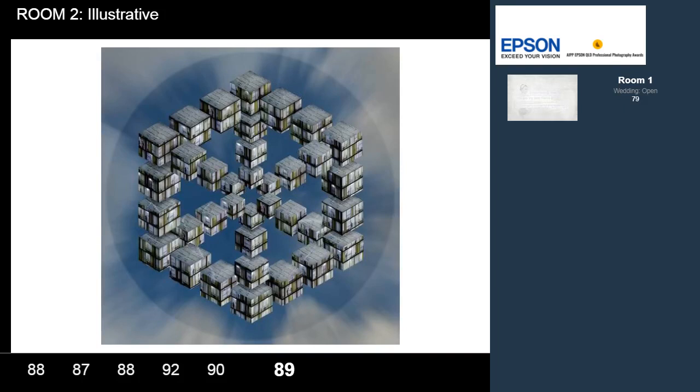So people have been compartmentalized into a box, and the fact that the people are in different windows in each one, and also the Escher construction of the overlapping, that we have a shape within a cube within a cube. There are so many elements and levels that this works out that it goes beyond just award standard. It goes into imaginative and originality, and that's why I put it up into gold, straight into 92, because of the level of thought that's gone into this.